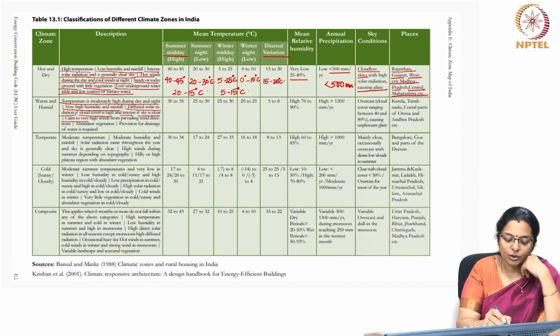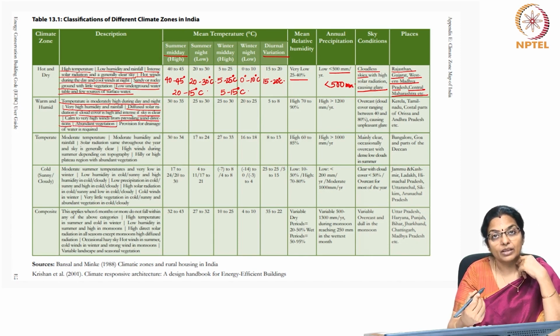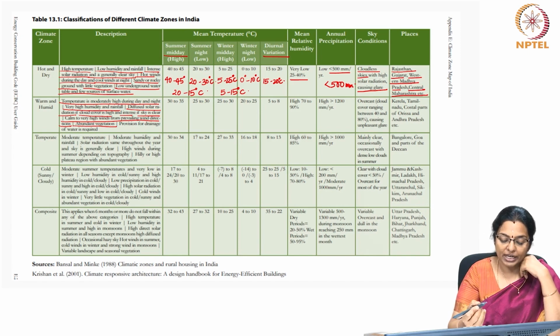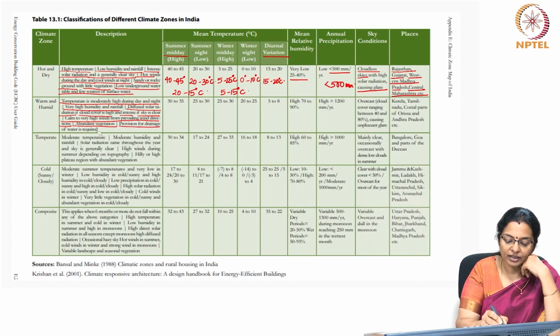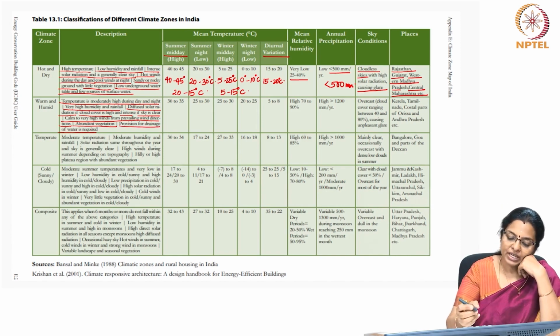There is calm to very high winds from prevailing wind directions. Vegetation is in abundance because it's very hot, precipitation is very good, lot of sunshine hours, so abundant vegetation is there. Provision for drainage of water must be given essentially.